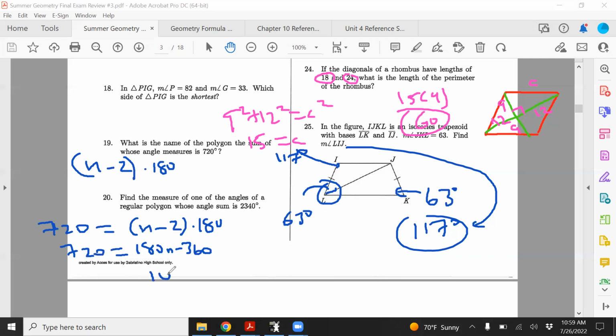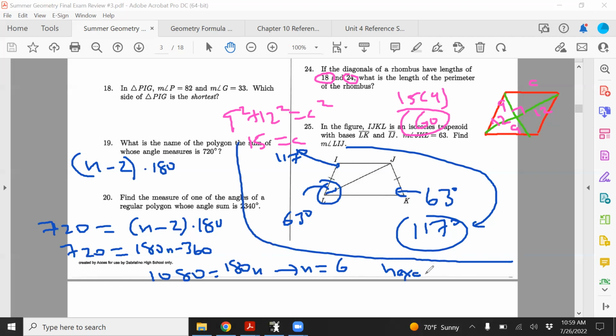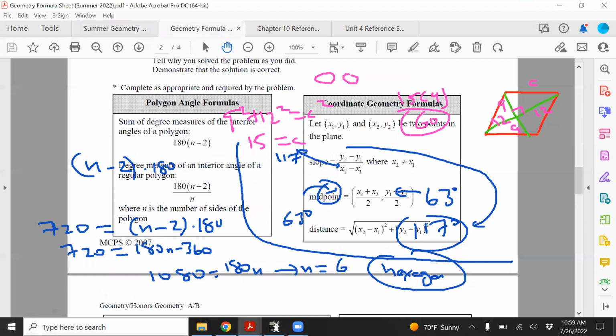So it's 1080. n is going to be 6. So we say it's a hexagon. So that's that one. Okay. So we've seen that kind of formula before. We've done that. So that's also in one of the reference sheets. It was right here. 180 times n minus 2, the sum of all angles in the polygon.